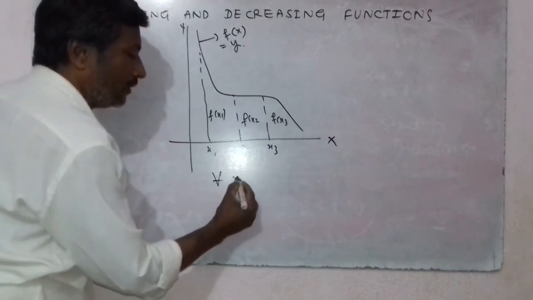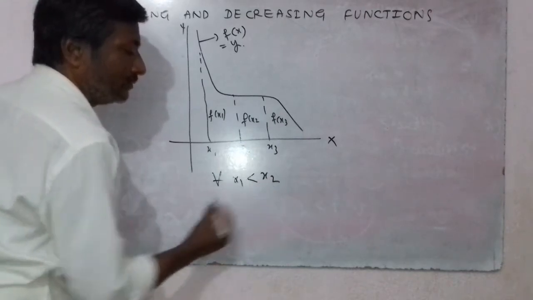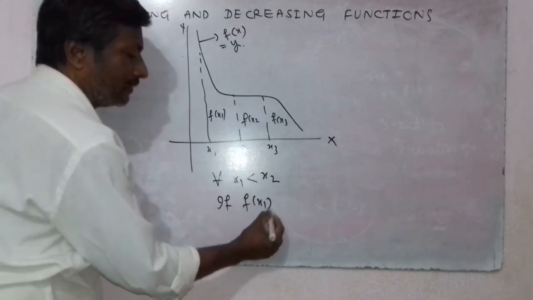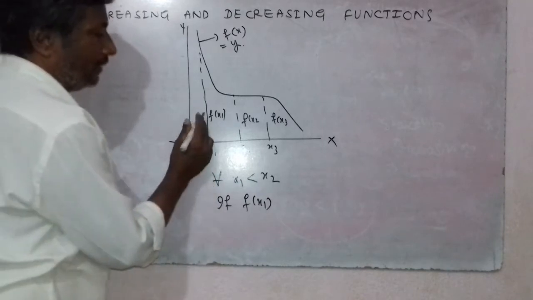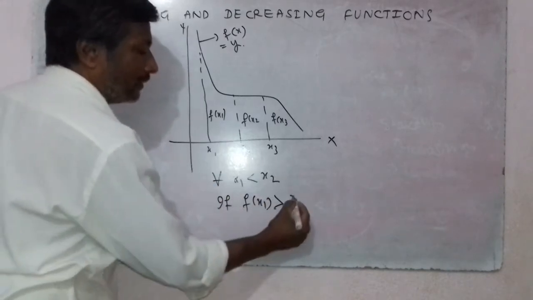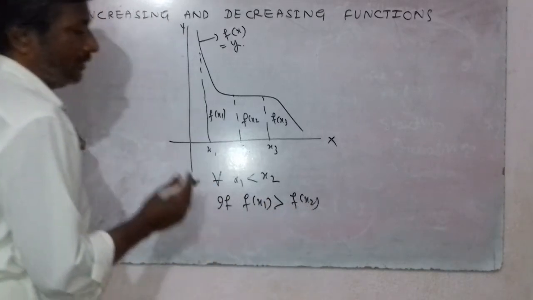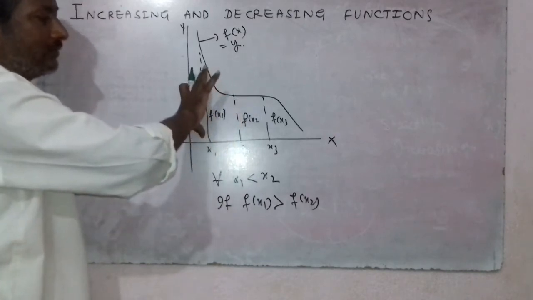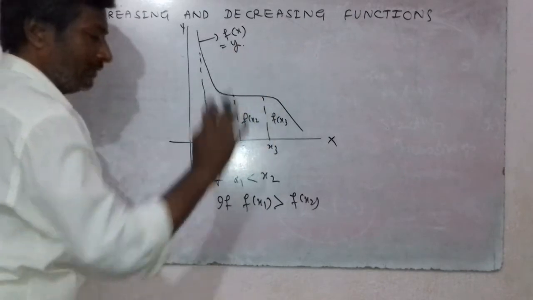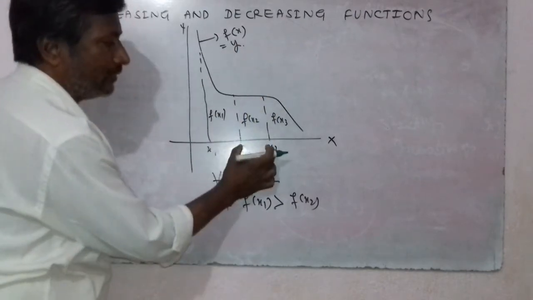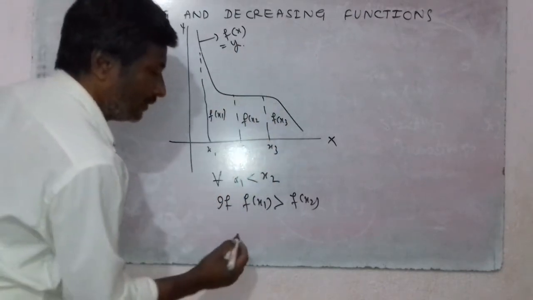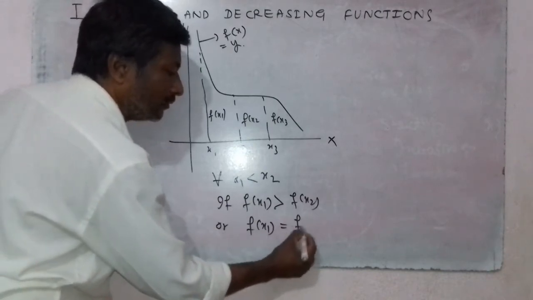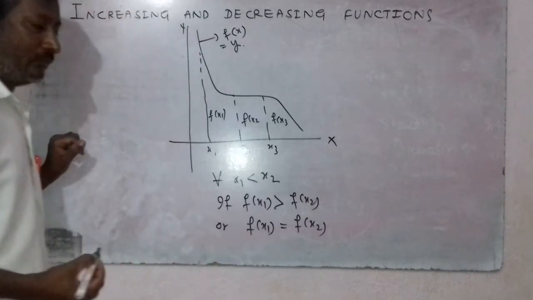So for all x1 less than x2, if f of x1 is greater than f of x2, f of x1 is greater than f of x3, and here these two heights are equal, or f of x1 equal to f of x2.